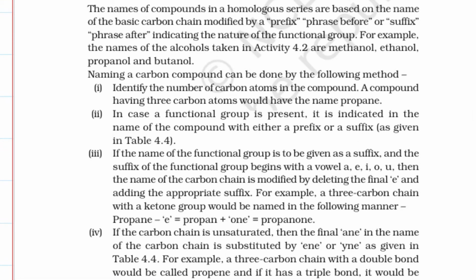Once you are clear with these rules and laws, you will be easily able to name any substance given to you. Let us begin. The names of the compounds in a homologous series are based on the basics of the carbon chain modified by a prefix phrase before or suffix phrase afterwards, indicating the nature of the functional group. For example, the name of alcohol is taken in activity 4.2 as methanol, ethanol, propanol, butanol.